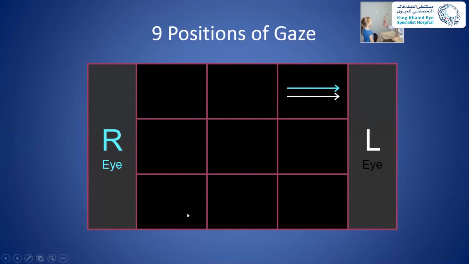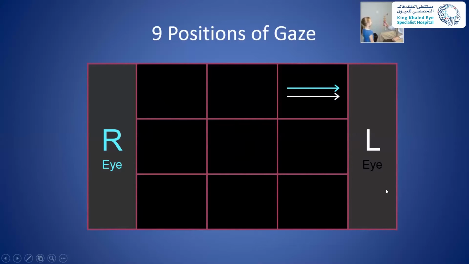I look only at the central position, and then I document what the nystagmus was there. I go usually from central, up gaze, down gaze, to the left and to the right.